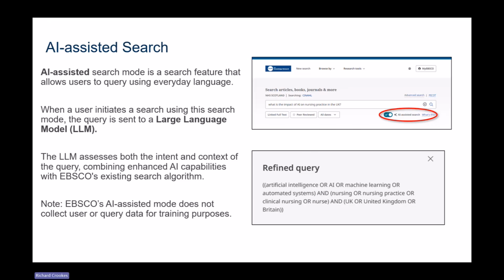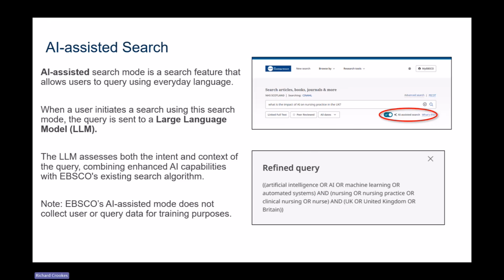You enter your terms in the form of a statement or a question. It's not designed just for a keyword search, for example, like anorexia nervosa or heart disease. It is designed to respond to a question or a statement, and it's sent to a large language model, which will then create the query.